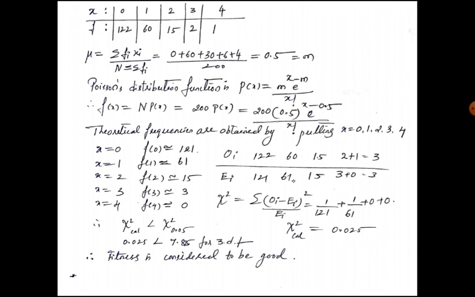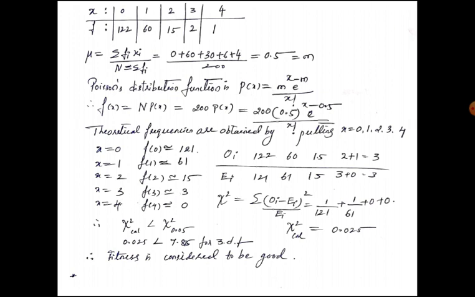Now let us construct a table of OI and EI. OI are the observed frequencies given in the data. EIs are the frequencies just now calculated. And note the last values. At x equal to 3, observed is 2, and theoretically it is 3.